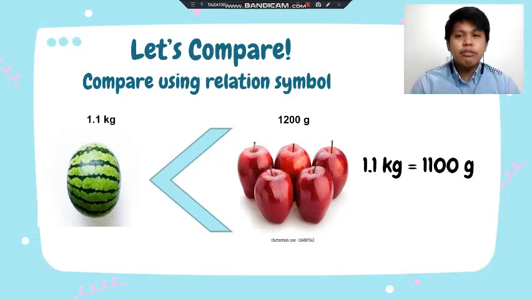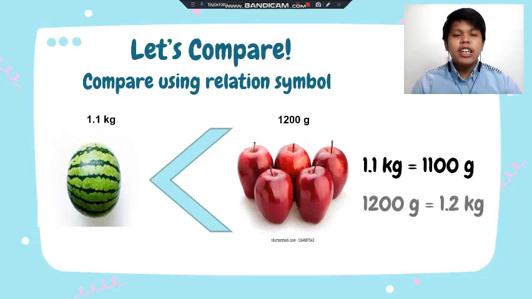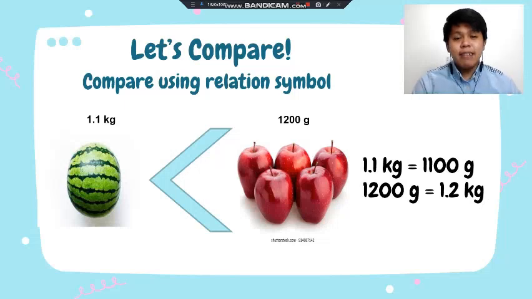You may convert 1.1 kilograms into grams, which is 1,100 grams. Or you may convert the grams into kilograms, which is 1.2 kilograms. And 1,200 is bigger than 1,100, so we will use less than.